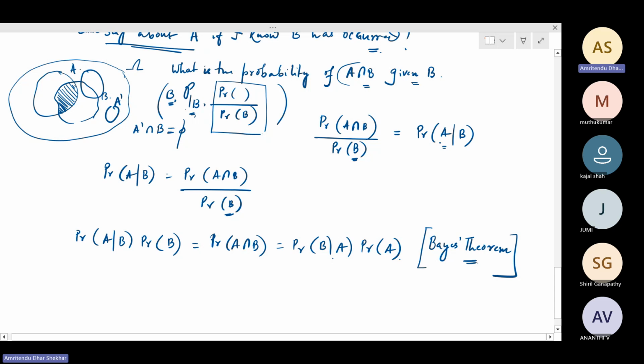In other words, a question like what is the probability that something will happen, given that this has happened, is meaningless if the given part of that question is not supposed to happen or cannot happen. So this is the Bayes theorem.